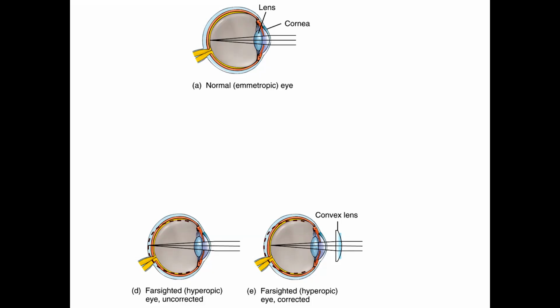There is another abnormality that can take place anatomically, and that is not on the anatomy of the eye itself, but is on the anatomy of the lens itself.